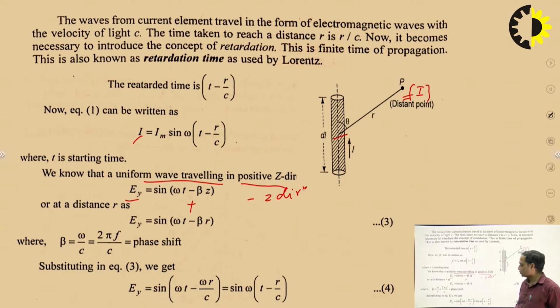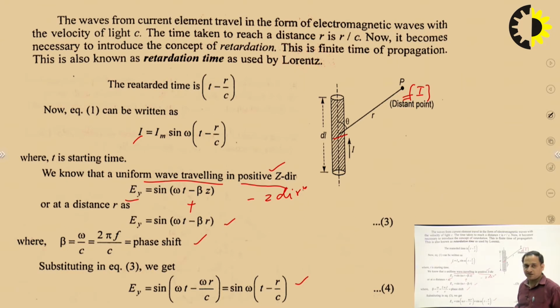In this, beta is the phase constant, whose value is omega upon c. So this equation becomes Ey equals sine omega t minus omega r upon c, that is, sine omega t minus r upon c.